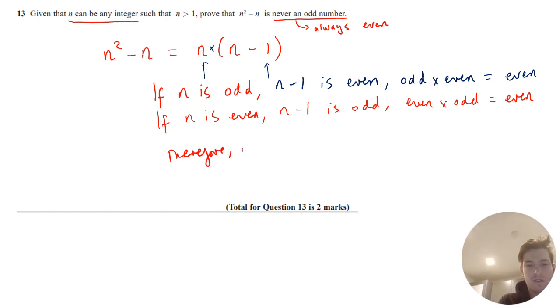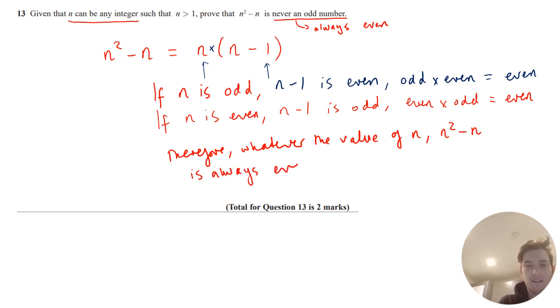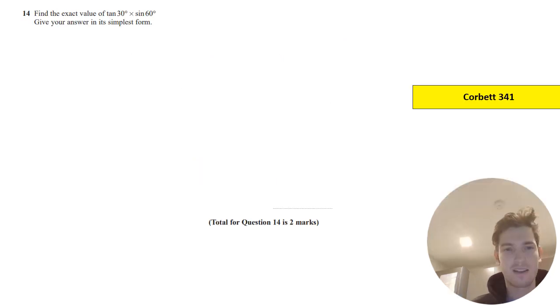Therefore, whatever the value of n, n squared minus n is always even. And that would be good enough for my answer. Okay, let's keep going. See if I can do this in one take.